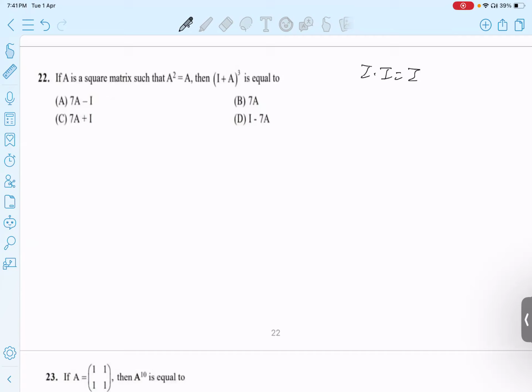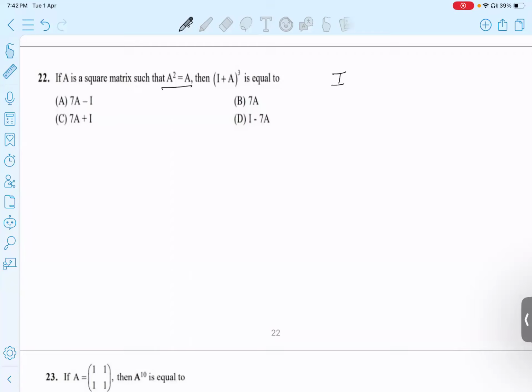If A is a square matrix such that A square is equal to A, then what is I plus A whole cube, in terms of I and A? Now, what is I? I is an identity matrix.